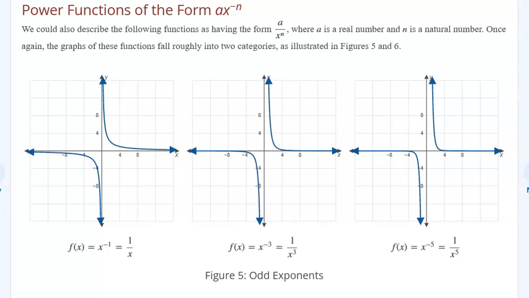Looking at other power functions in the form of ax to the -n power, here we're looking at x to the negative 1. Remember, that would become just 1 over x, where now the variable ends up in the denominator, and then x to the negative 3, x to the negative 5. Notice what's happening to the graphs.